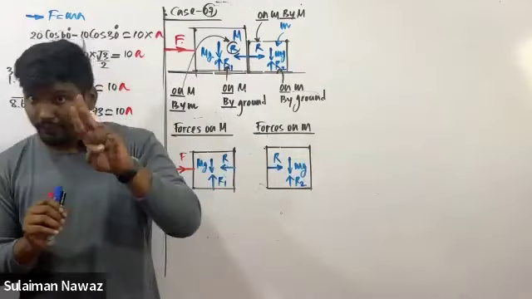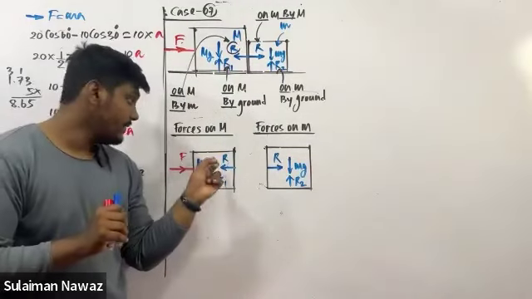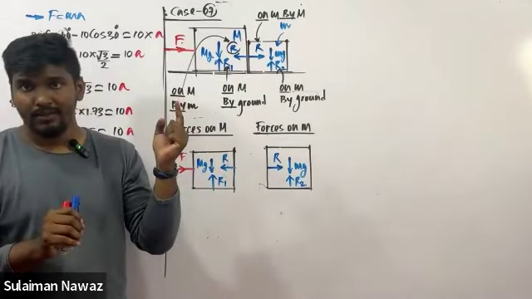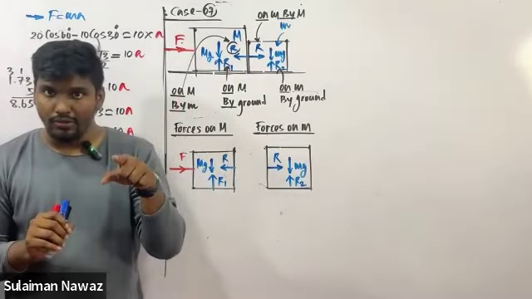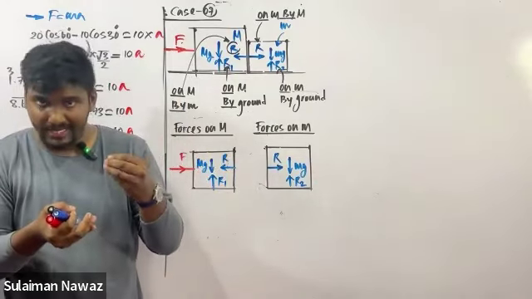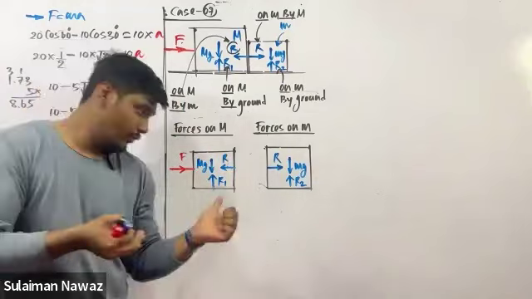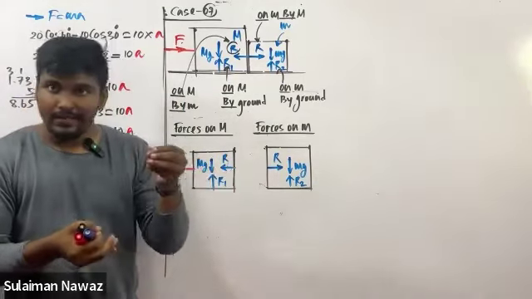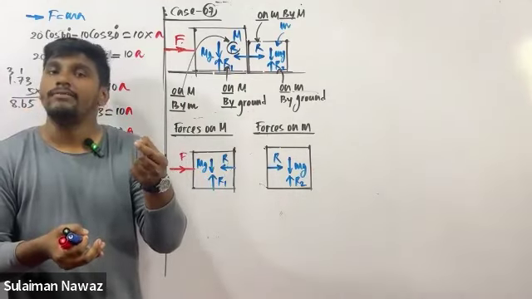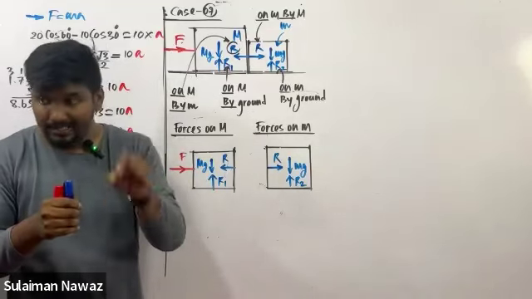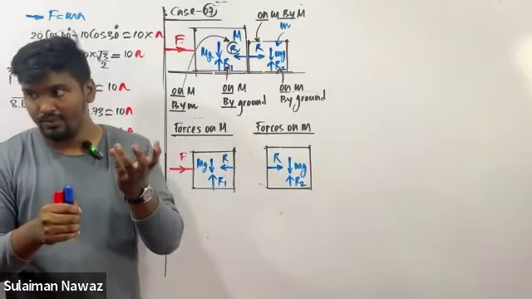Because there are only two vertical forces on capital M: capital Mg downwards, R1 upwards. If this object is not moving upwards, if it is under vertical equilibrium, R1 must be equal to capital Mg. Therefore, the resultant vertical force on capital M is 0.